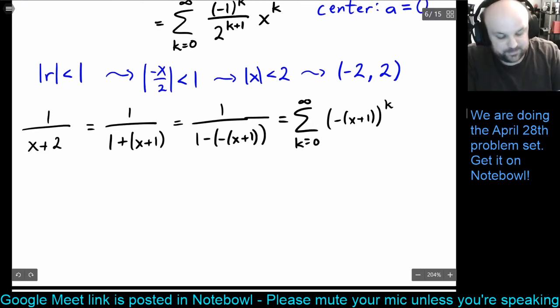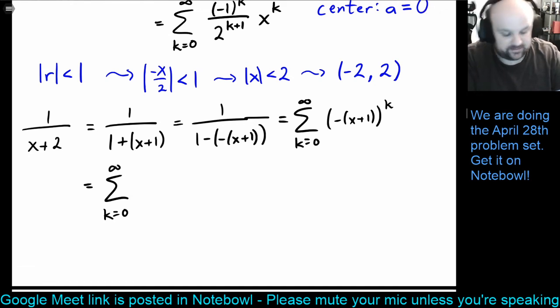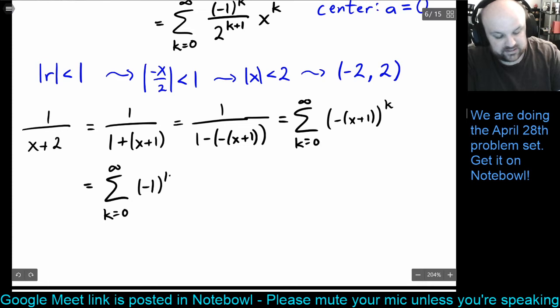And again, splitting the coefficient part here, which basically just means factor out that negative, you're going to get (-1)^k (x plus 1)^k. All right.